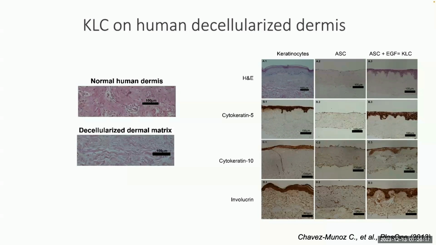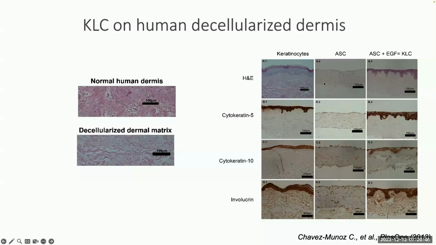One of the functions of these cells is that they stratify, creating this barrier that we know. So I placed them on a decellularized dermis. When I was culturing with EGF or with keratinocyte conditioned media, they started forming the stratification, as you can see right on this side.